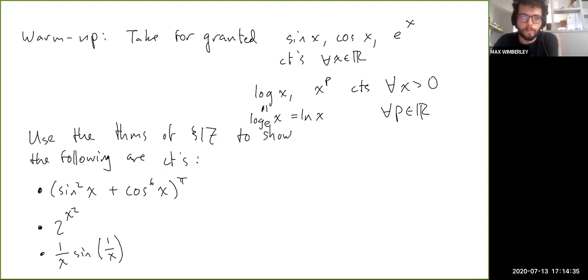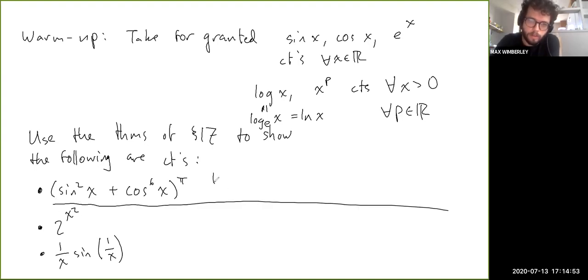Okay, for the first one, what we can say is, the theorem about adding and multiplying, I think that's 17.4, right? So 17.4 tells us that sine squared of x is continuous and cosine to the sixth of x.